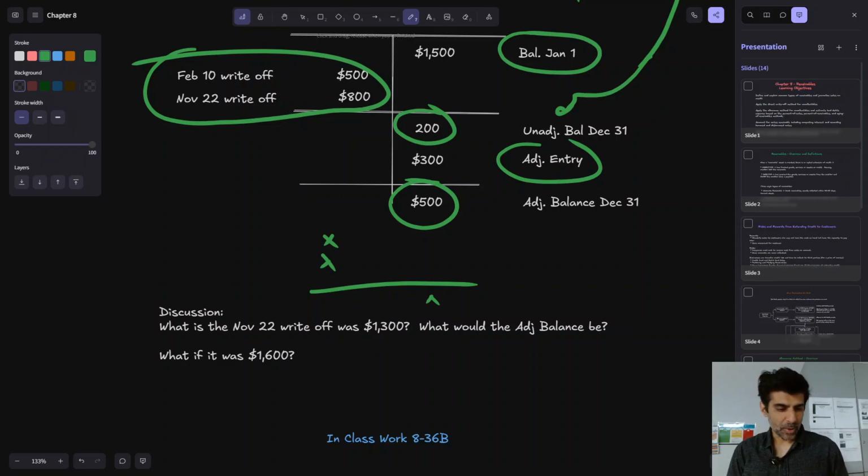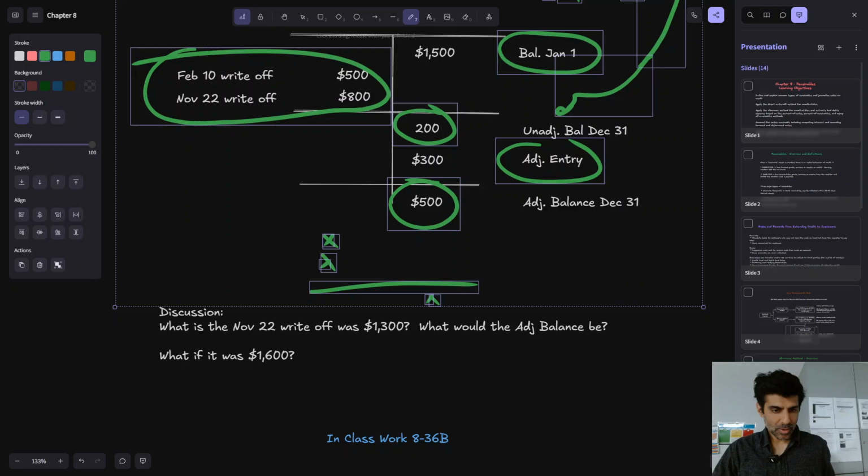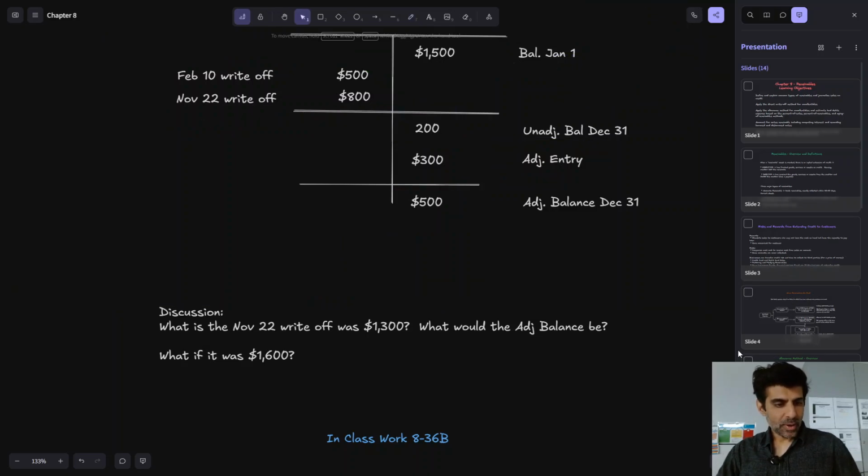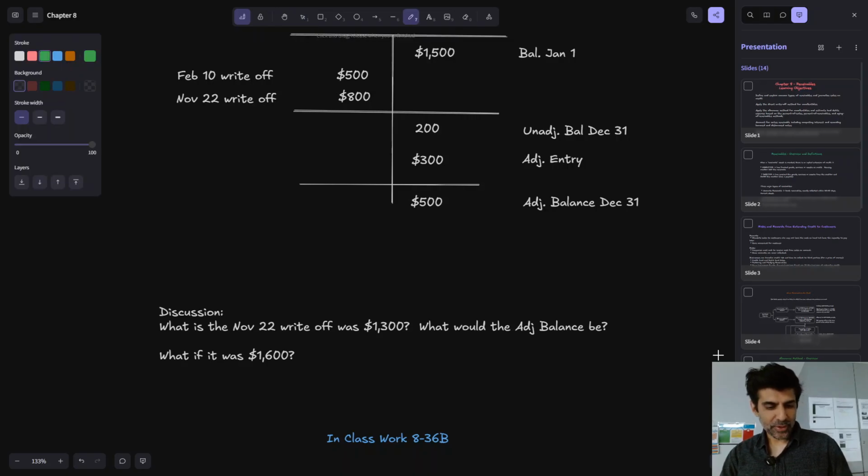Let's change one thing though. If this November 22nd write-off was 1,300, what is the unadjusted balance going to be now?